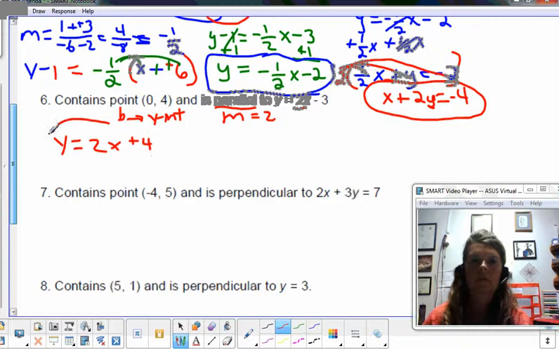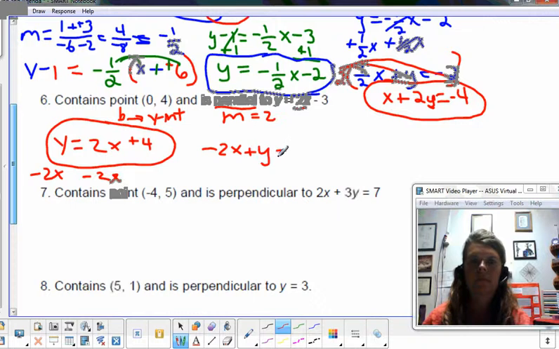So there's slope-intercept form. Now we just got to put it in standard form by minusing 2x to both sides. These would cancel. You get negative 2x plus y equals 4. And that's your standard form.